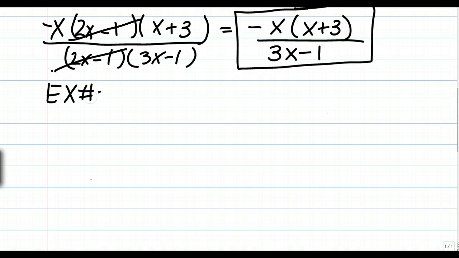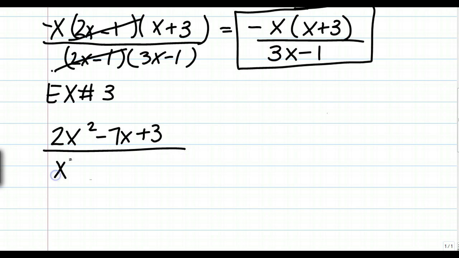Example number 3, I have 2x squared minus 7x plus 3 over x to the third plus x squared minus 2x. We're going to look on top and see if we have a GCF. We don't, so we can go ahead and just factor it.